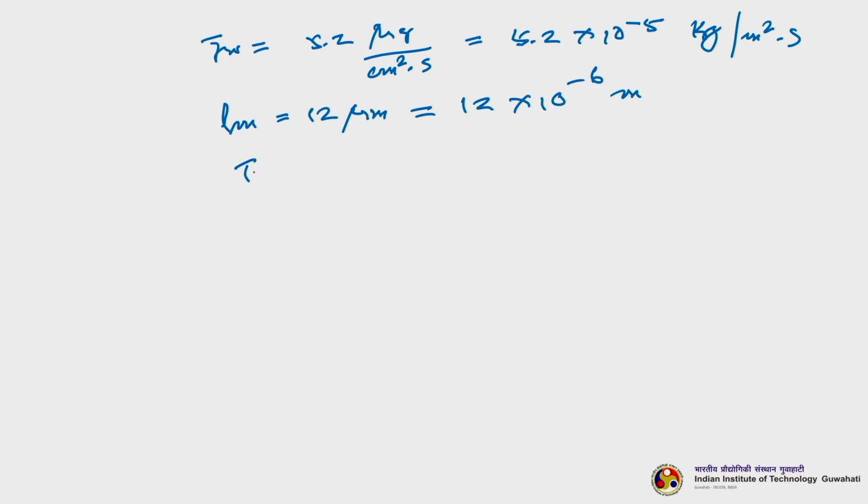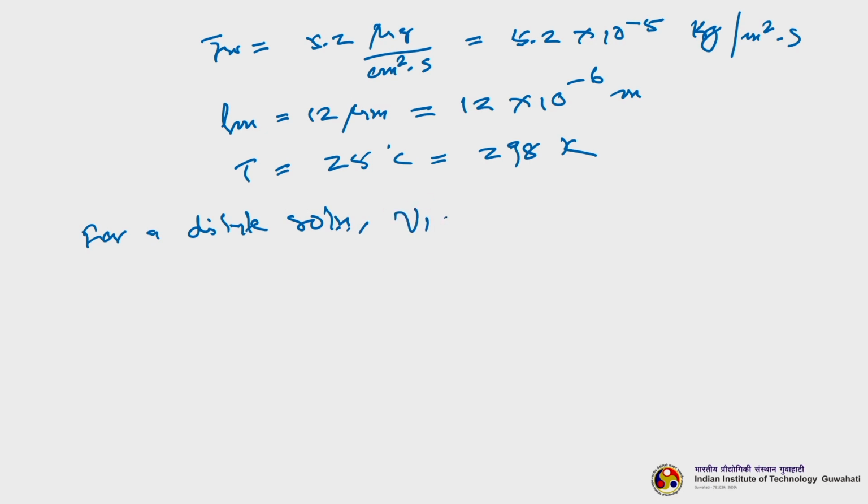Temperature T is given as 25 degree centigrade, which equals 298 Kelvin. For a dilute solution, you have to see the V. The molar volume of water V1 equals 18 centimeter cube per gram mole.